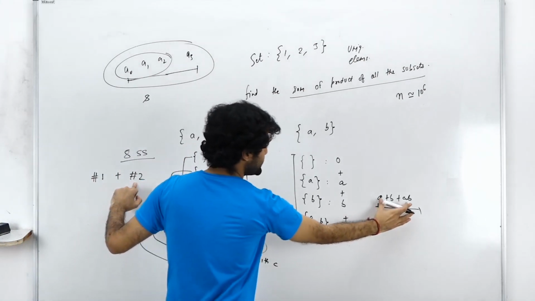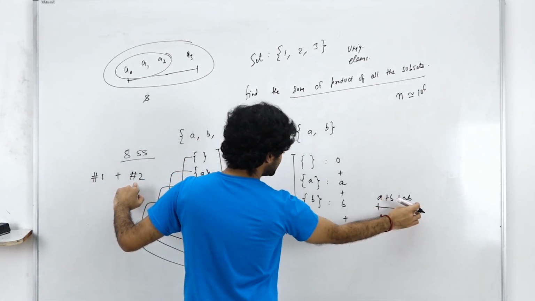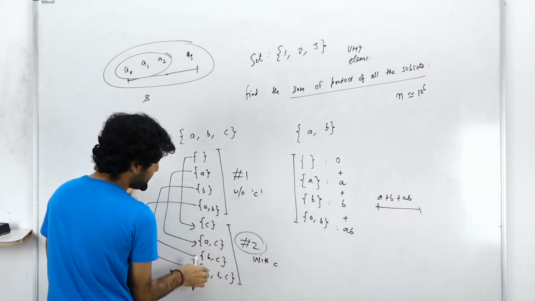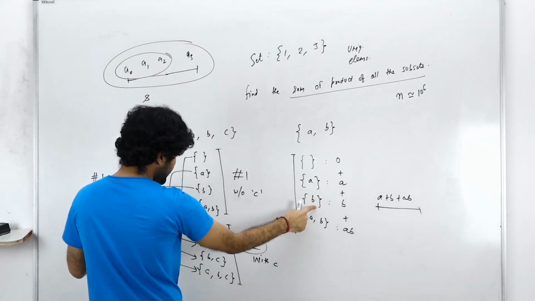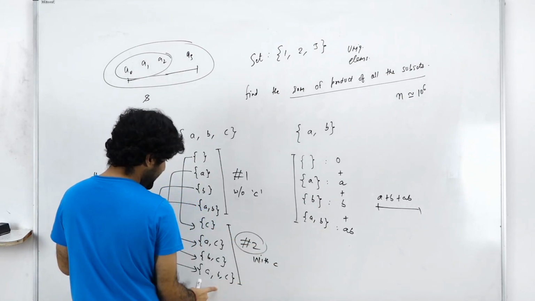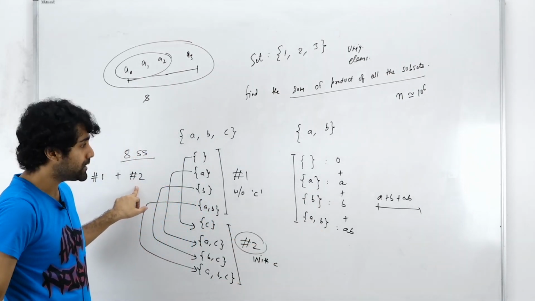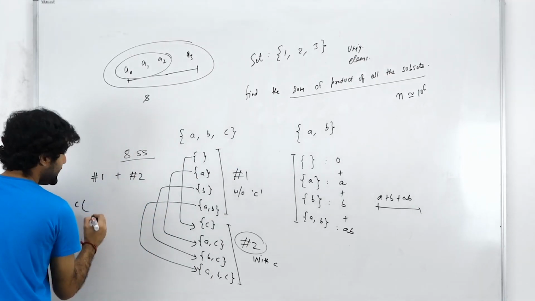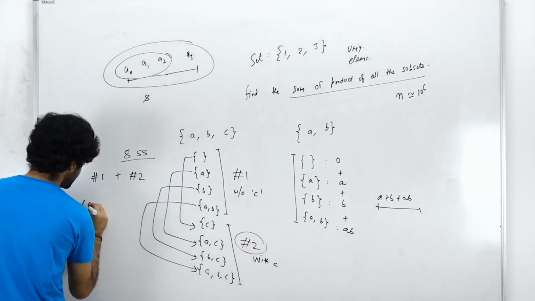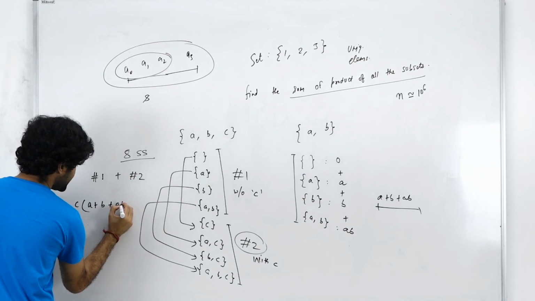All of these have got appended with C in them. Like this A got appended with C, this B got appended with C, this AB got appended with C. So basically the contribution of that will be C multiplied by this previous thing, which is A plus B plus AB.